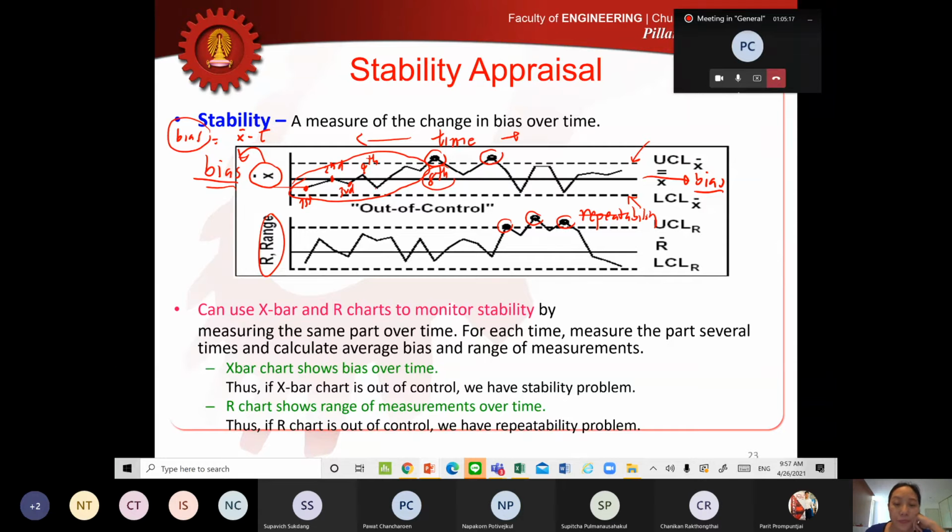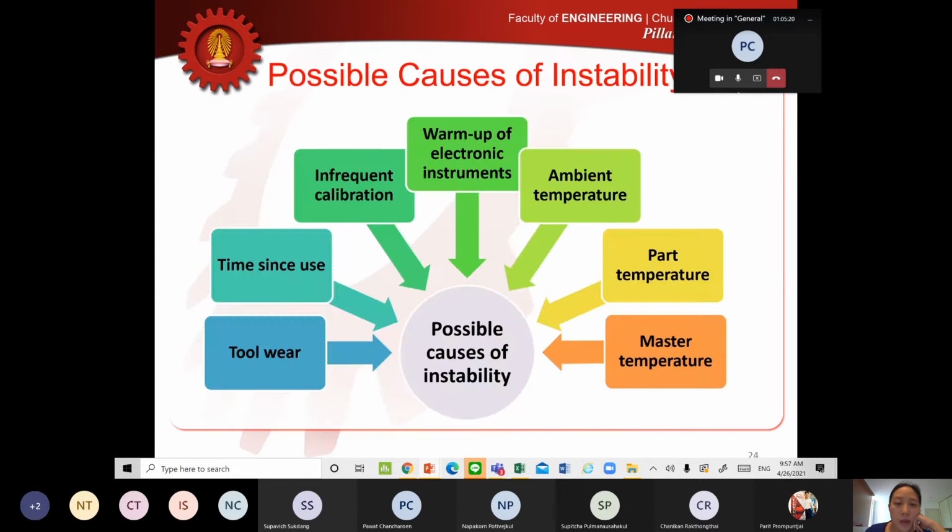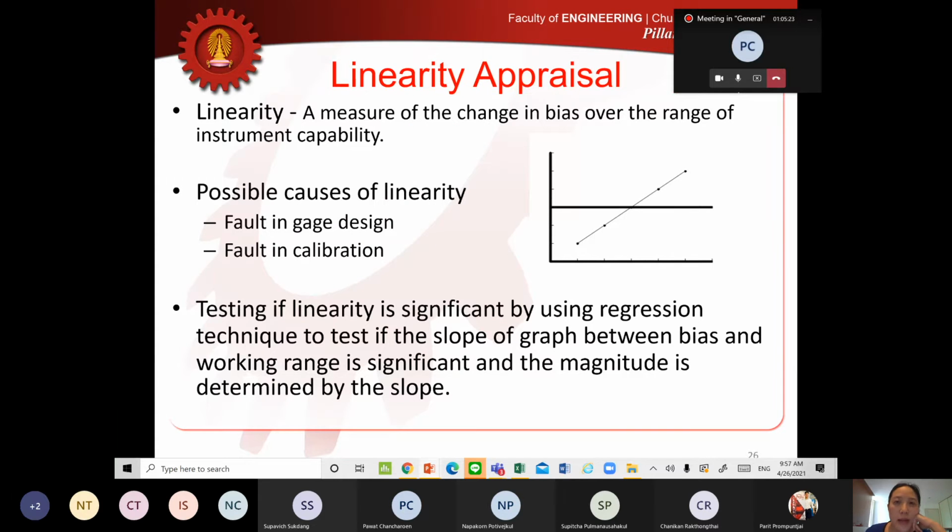Next, the last analysis that we have to do with the bias is linearity appraisal. In linearity appraisal, you will plot two things. The x-axis will be the measurement range.